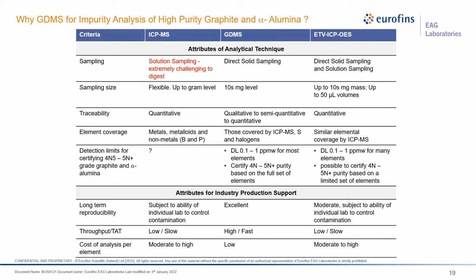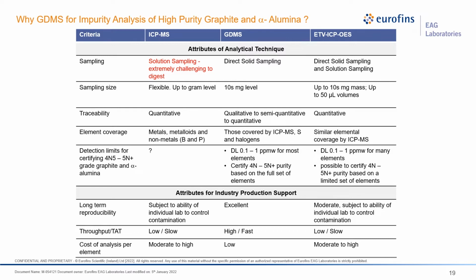That being said, with all those advantages, are they applicable to high purity graphite and alpha alumina? Not exactly. Those materials don't digest easily. So all those wonderful features of ICP-MS cannot be realized, because we cannot digest them, or it is very difficult to digest them while maintaining long-term reproducibility for this particular high purity graphite and alpha alumina.